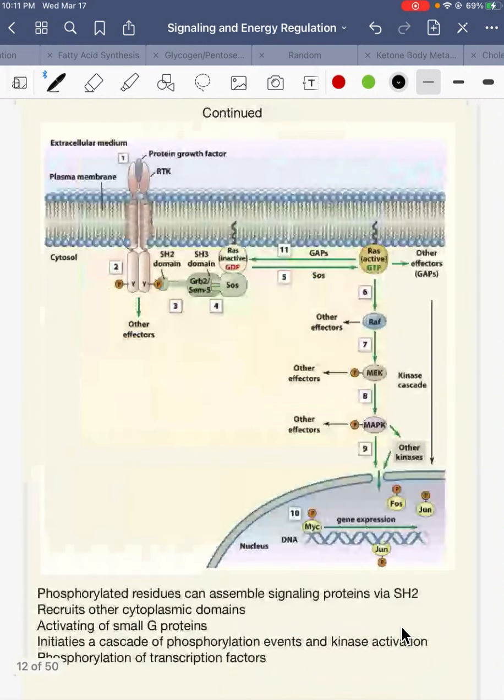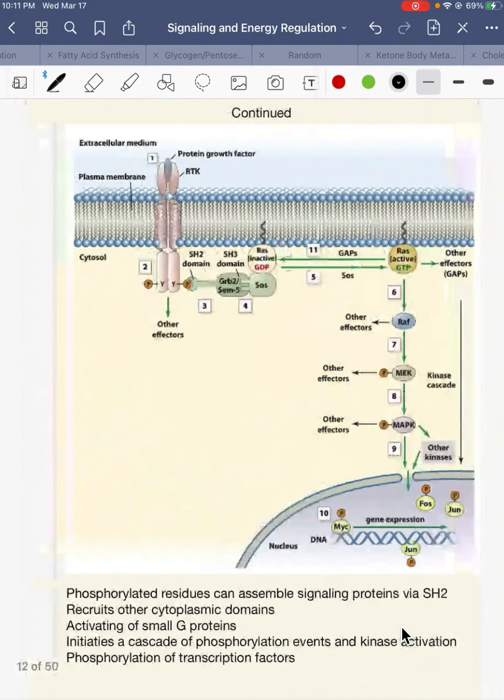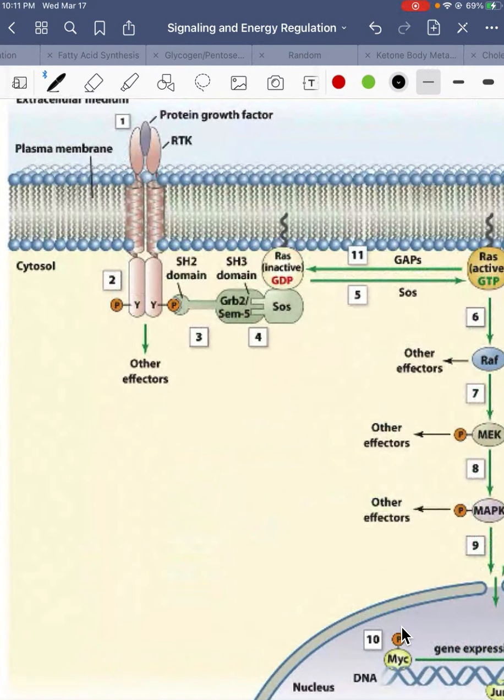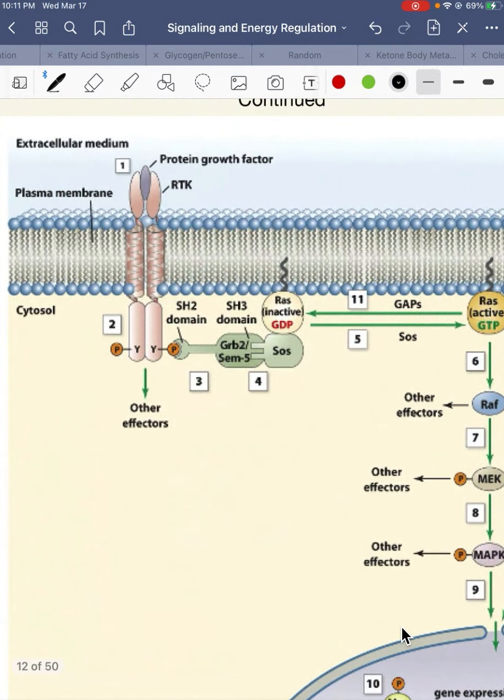Okay, so this is pretty much everything we'll go over, but we're going to break it down briefly, but this picture has everything. So we have receptor tyrosine kinase, insulin would be over here. We would bind, this would cause dimerization, and then tyrosine residues would get phosphorylated.